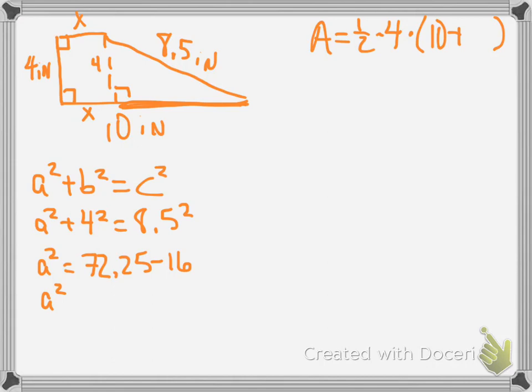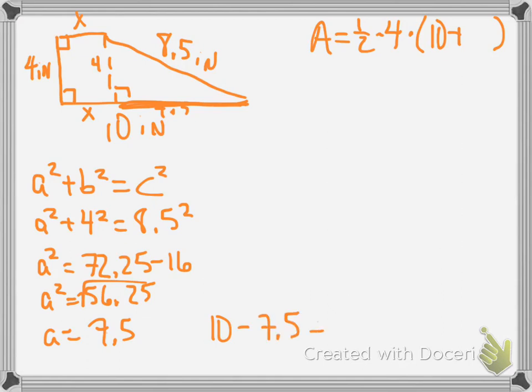So all I've done is apply the Pythagorean theorem. We put a squared is equal to 56.25. Take the square root of that and you get a is equal to 7.5. If I subtract that 7.5 from 10, I find that x, the little part, is 2.5, which is what the top base would have to be.